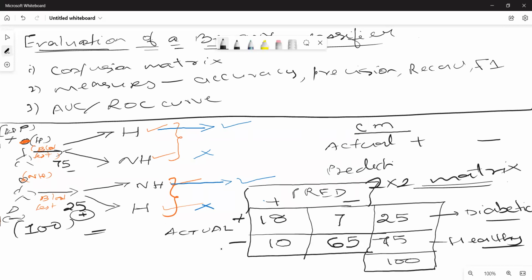So now if you look at the count, my model has predicted how many people as diabetic? 18 plus 10, which is 28. And my model has predicted how many people as healthy? 65 plus 7, which is 72. And the total comes to 100.